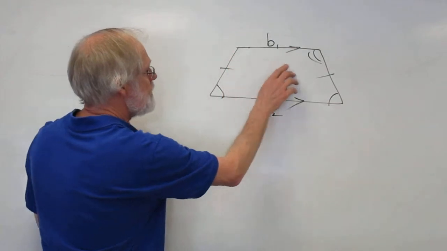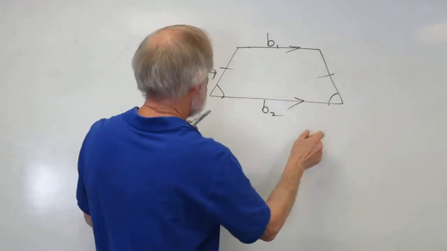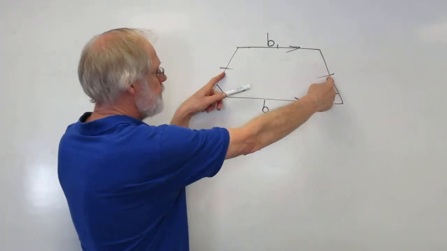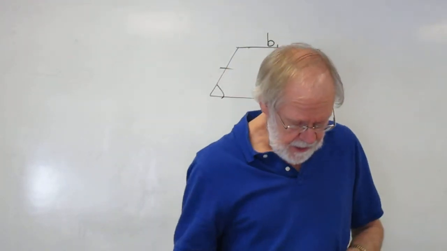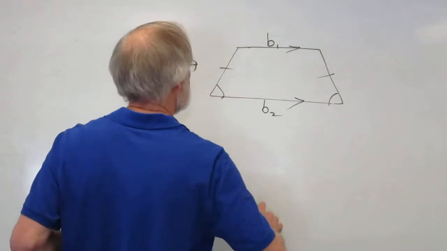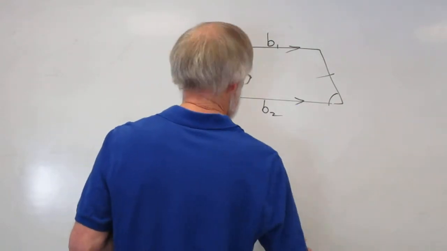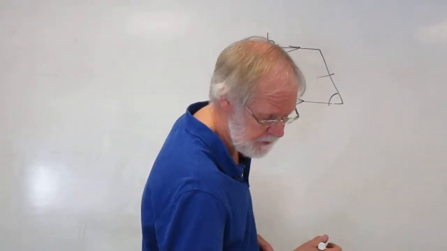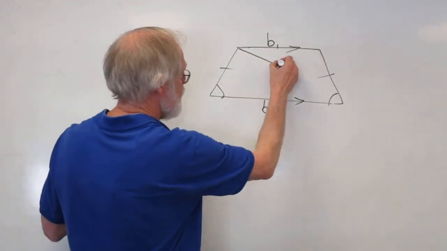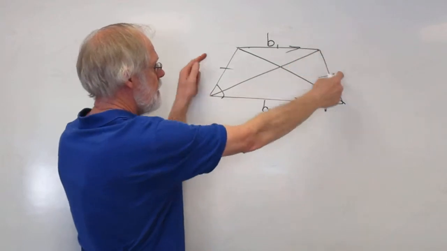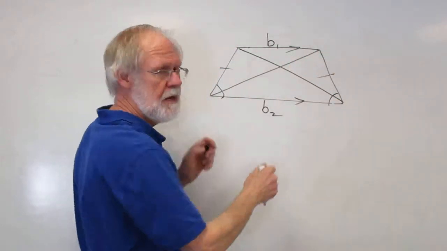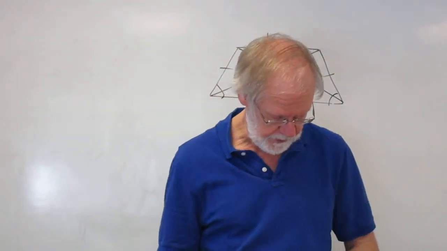So if either of these pairs of angles is congruent, then these two sides are congruent and it's an isosceles trapezoid. And a trapezoid is isosceles if and only if its diagonals are congruent. So if this diagonal and this diagonal are congruent, then it's an isosceles trapezoid.